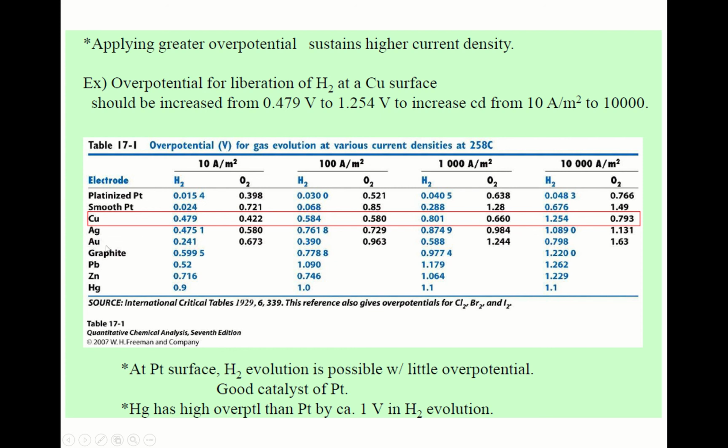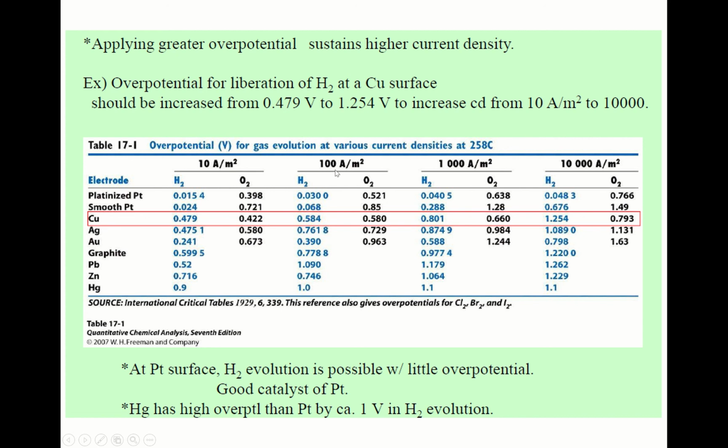At the gold electrode, the potential of hydrogen evolution is small, and graphite is very high. For the mercury electrode, the hydrogen evolution potential is quite large, okay, like that.